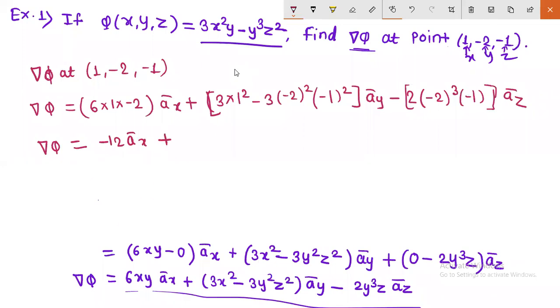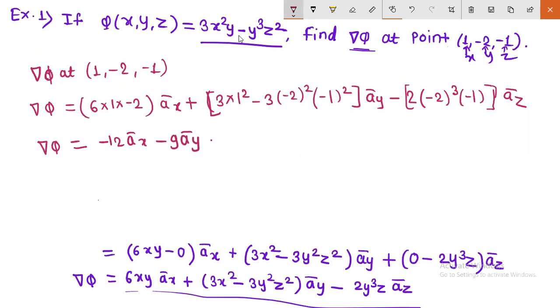Then plus 3 into 4, so it is 3 and minus 12, so it will be minus 9, a bar y.